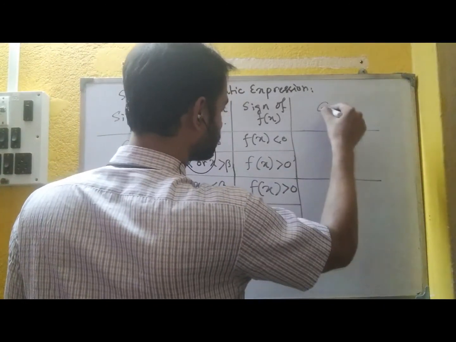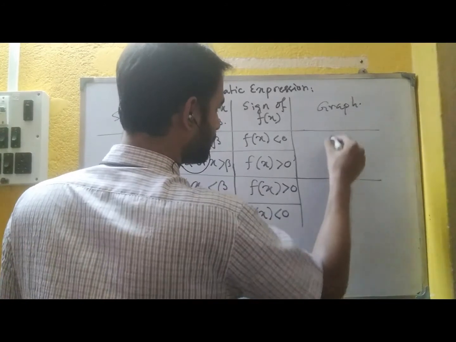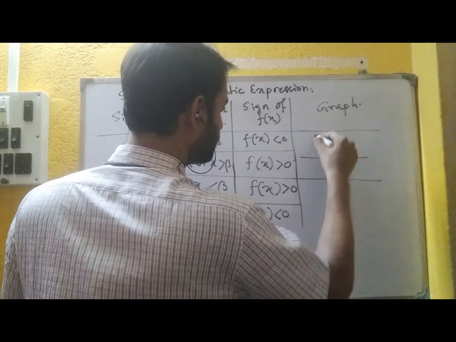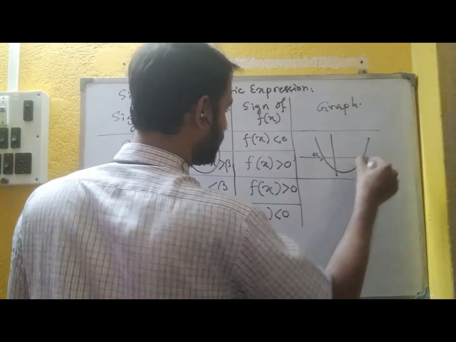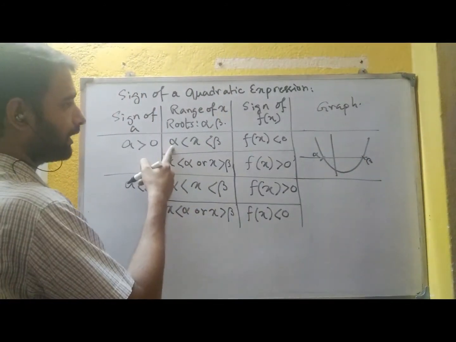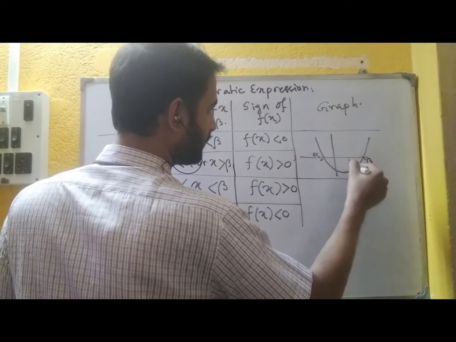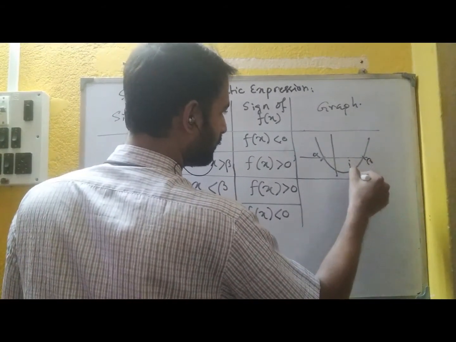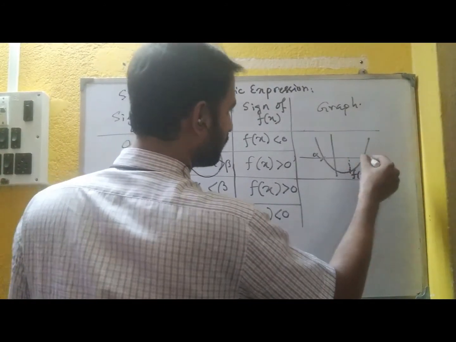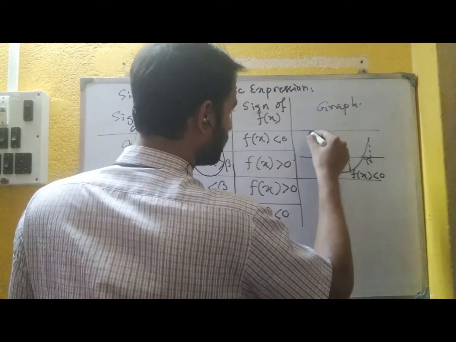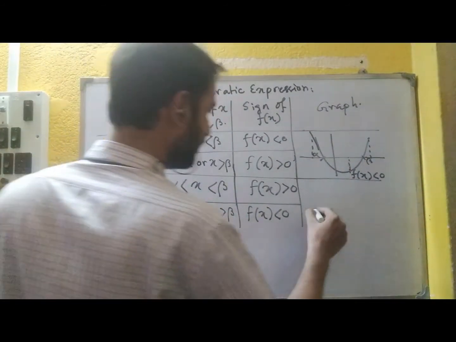Let me show the graph here also. In this case, you will see something like this, that this point is alpha and this point is beta, and in between alpha and beta, the values of f(x) will be negative, and outside of alpha and beta, that is in these 2 parts, you are getting some positive value.